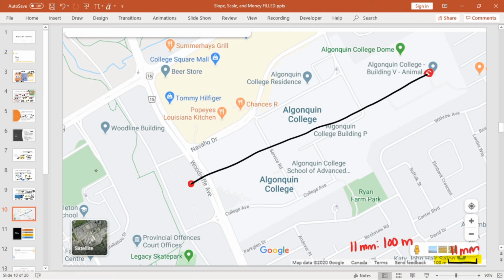And if I do that, when I printed it out, and honestly, you could do it on your computer screen too, I get 106 millimeters. So here we go. My scale is 11 millimeters equals 100 meters. I measured 106 millimeters, and I want to know how far I'm walking. Same old, same old.